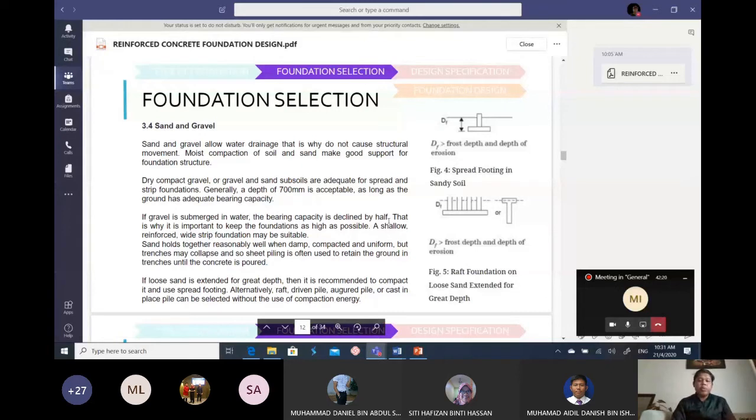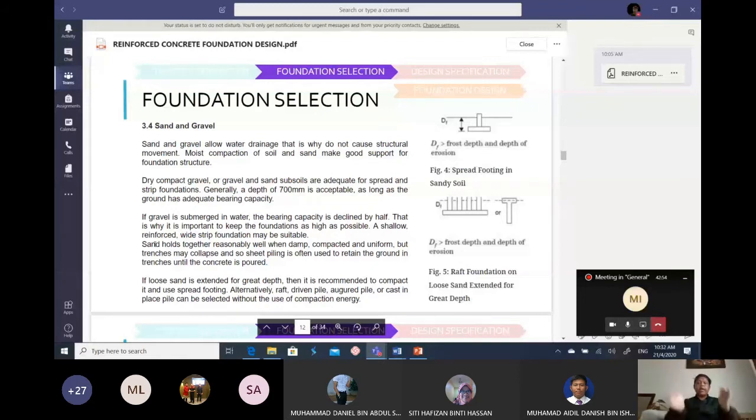A shallow reinforced wide-spread foundation may be suitable. Sand holds together reasonably well when damp, compacted, and uniform. But trenches may collapse, and so sheet pile is often used to retain them. So when we would like to construct this strip footing using these types of soil, normally we will have a trench.